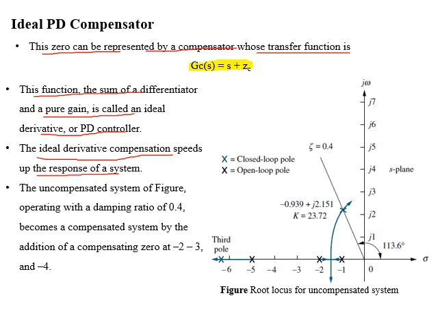For this demonstration, consider an uncompensated system whose root locus is given in the figure. The uncompensated system is operating at a damping ratio of 0.4. And now for compensation, we will add a 0 of PD control at -2, -3 and -4.